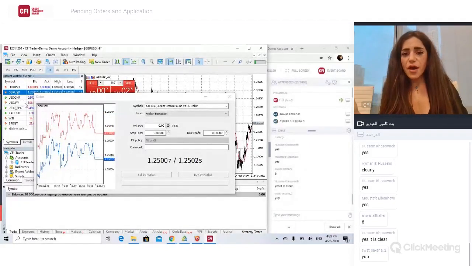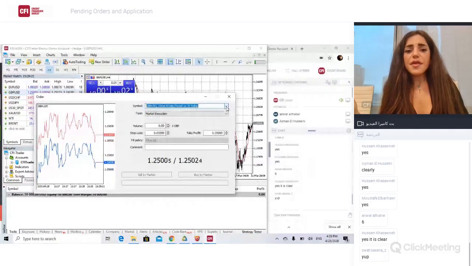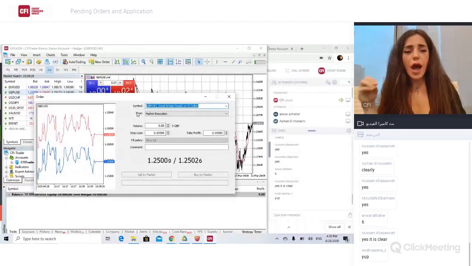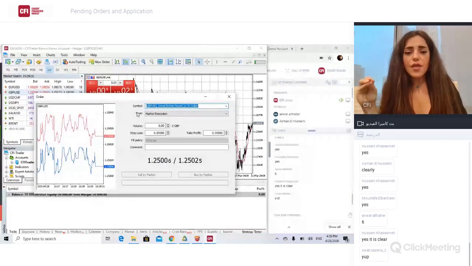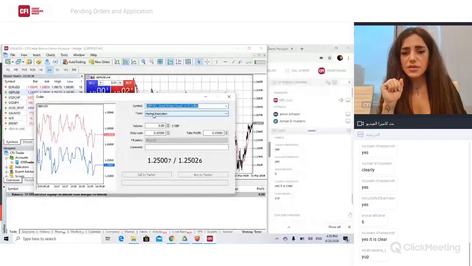First of all, you specify your symbol, whatever currency or financial instrument you are working on, and then the types. We are learning how the MT5 works to master our trading strategy and trading technique and trading model. The market execution means I am buying or selling at the current market price.